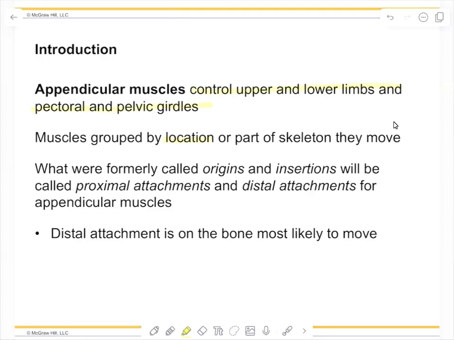And instead of using the terms origins and insertions, they're going to be proximal attachments and distal attachments for these appendicular muscles. So the distal attachment is on the bone that is most likely to actually move. The proximal attachment is on a bone that is less likely to move, or the immobile bone.